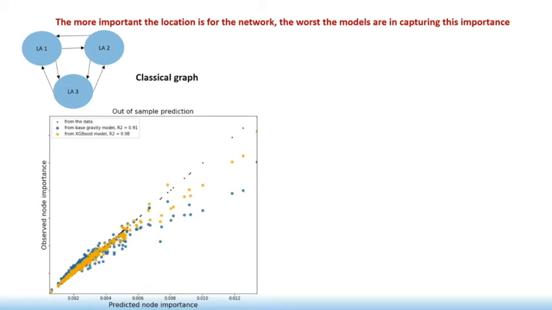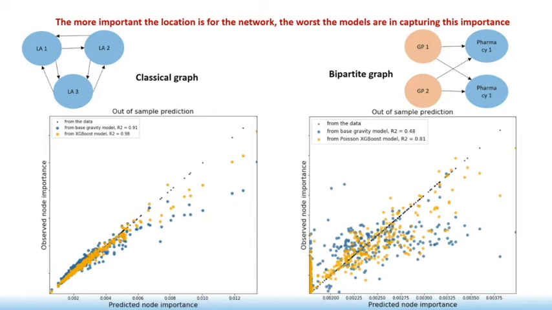However, if we take a different, more specific network, the results are different. Here is an example of a bipartite graph, which is the network where we can only observe the flows in one direction, going from origin to destination only.